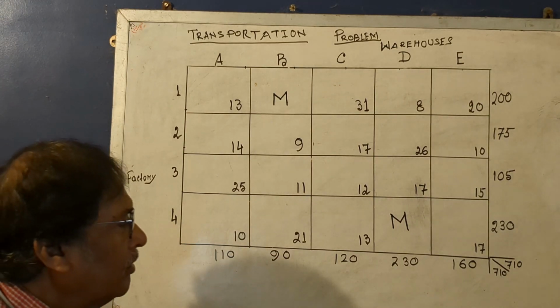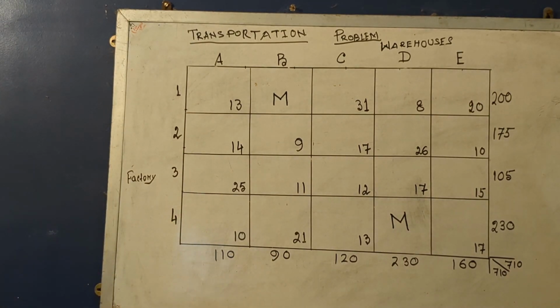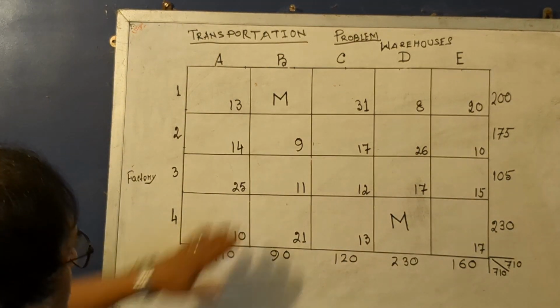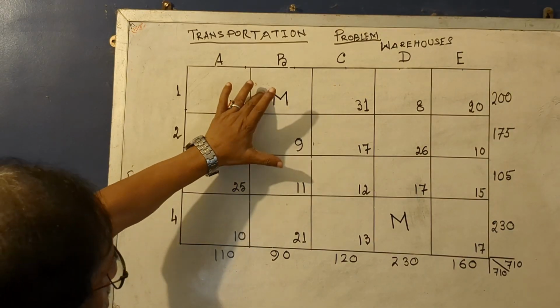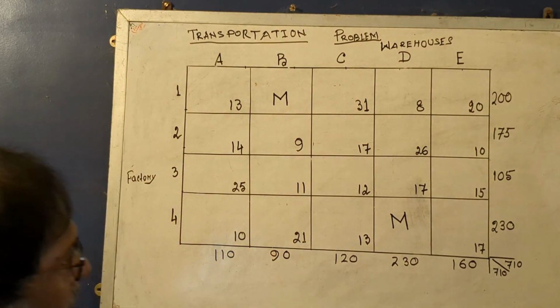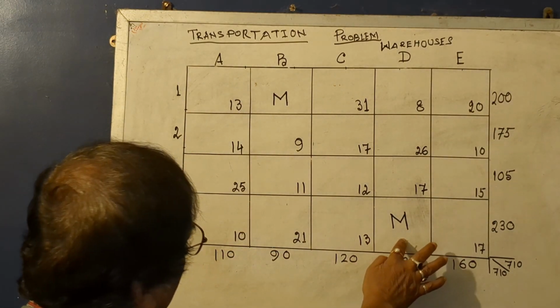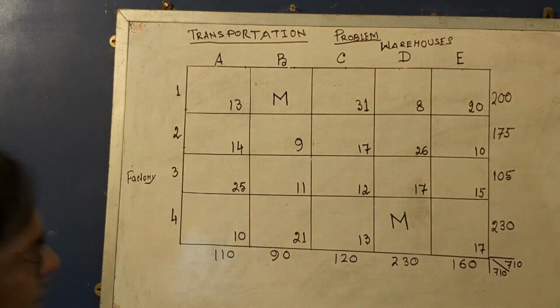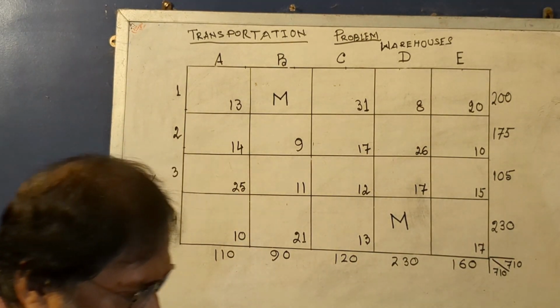Now I am going to start the next step. I already mentioned earlier that first you have to check whether it is a balanced problem or not. So first you have to put the high cost M in the infeasible cell or infeasible route, and after that you have to check whether it is a balanced problem or not.